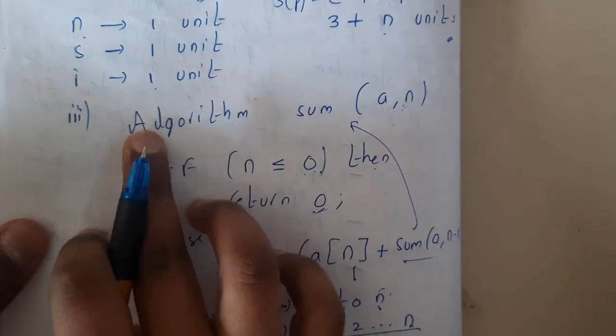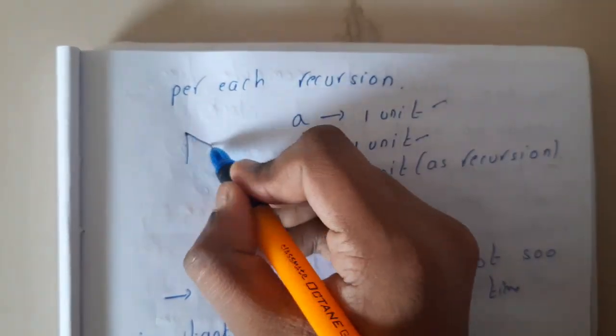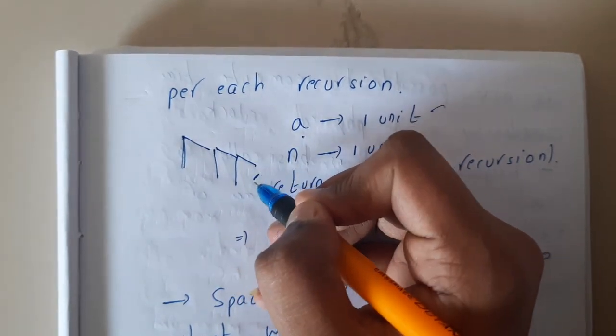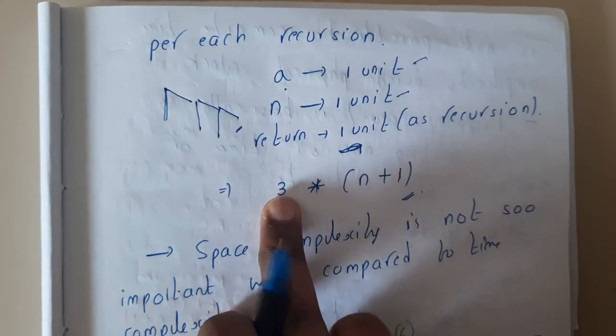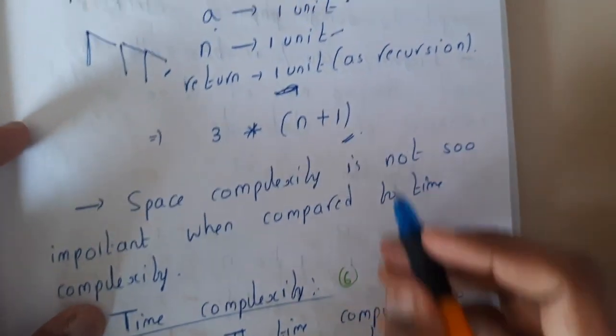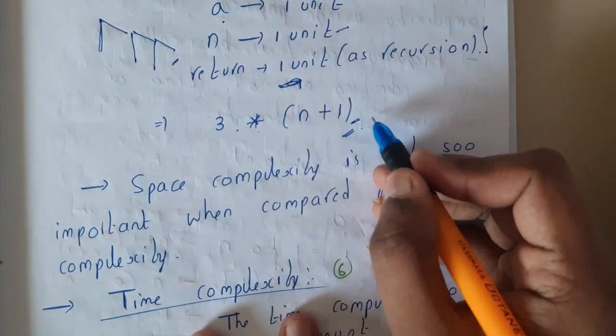So it is going back again and it will be returning. Like the recursive algorithms, if you are trying to trace them, you can use a tree structure. So one is tracing other, one is tracing other, in that way. Okay. So it will be carrying 3 into n minus 1 because this n minus 1 are the recursion steps and each recursion is having 3 units inside it. So it will be 3 into n minus 1.